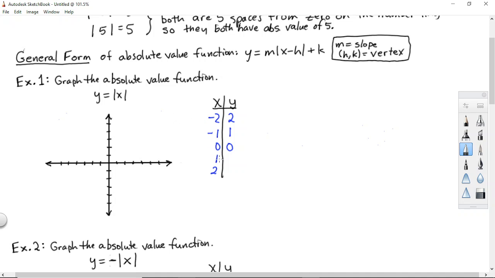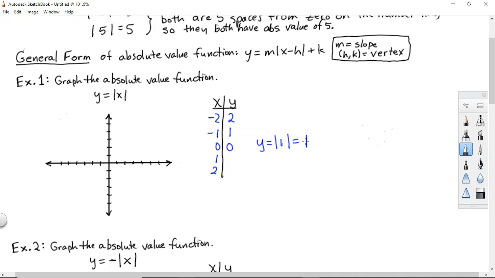When we plug in 1 for x, I'll just go ahead and write one of these out. What we've been doing each time, we say y equals the absolute value of x, and in this case we plug in 1 for x. Well, the absolute value of 1 is 1.